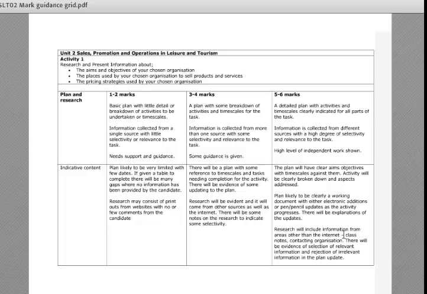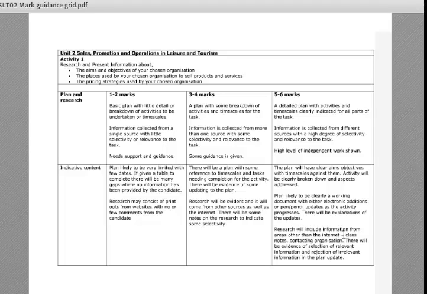So the candidate may well, as we all do, look at research and think, well, actually, that's not very relevant. If they actually put on the plan, I looked at this, but it wasn't as helpful as I thought, that is truly excellent. And they might have to look at another piece of research to get the information that they want. Once they start doing that, they're jumping up towards the 5 to 6 marks.